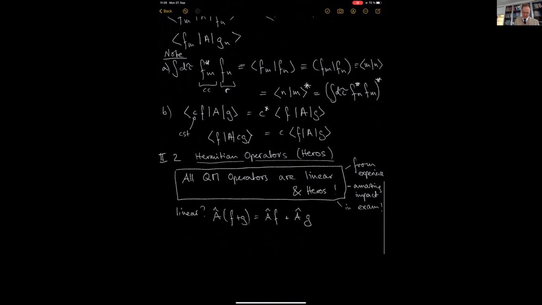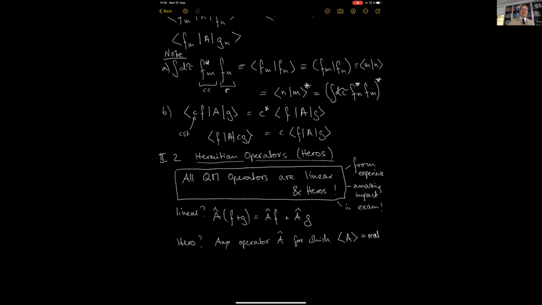Now, what about being a hero or not? So what is a hero? A hero is an operator whose expectation value is real. So any operator A for which this is real, not a complex conjugate.